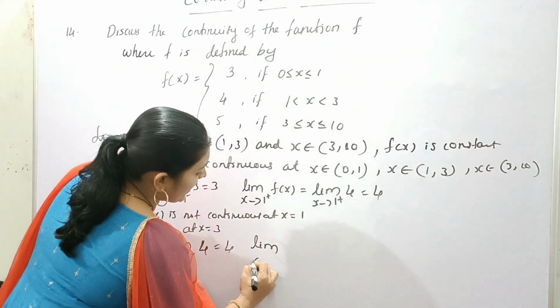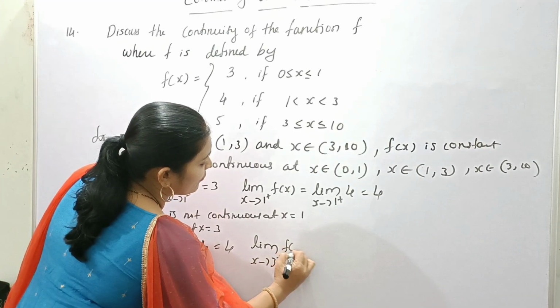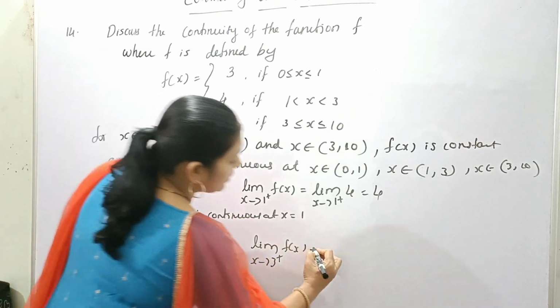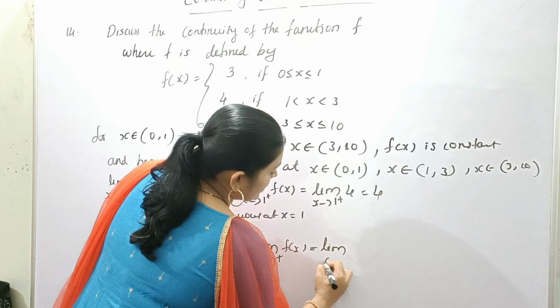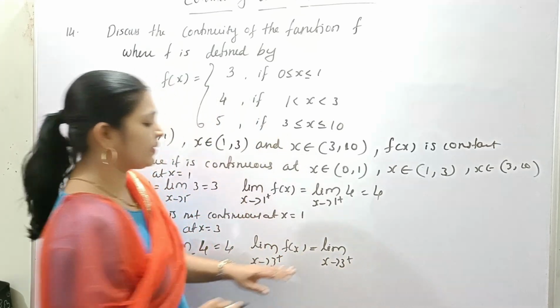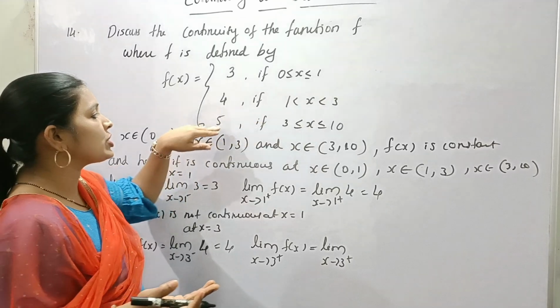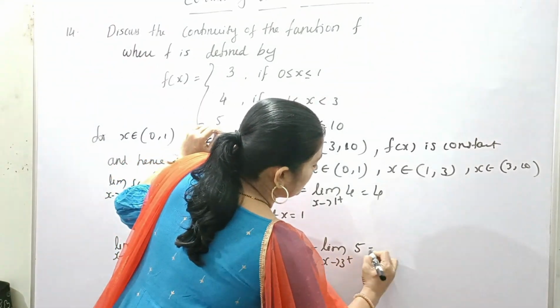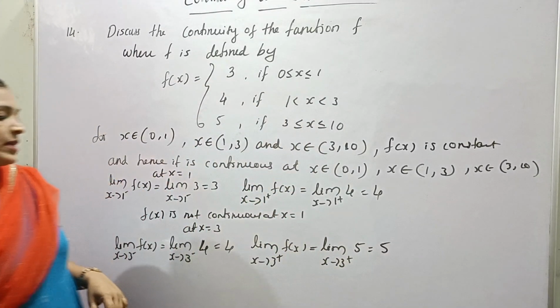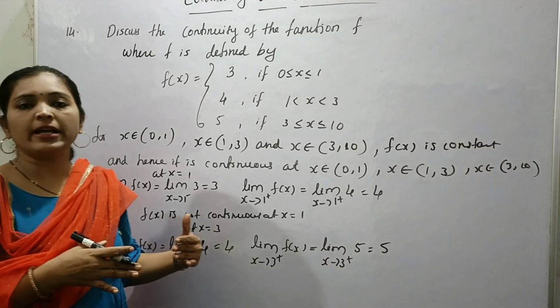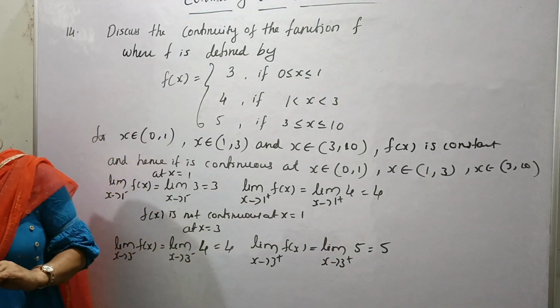Next, limit x tends to 3 plus f of x is, when x is greater than 3, the function is 5. So the limit is 5.